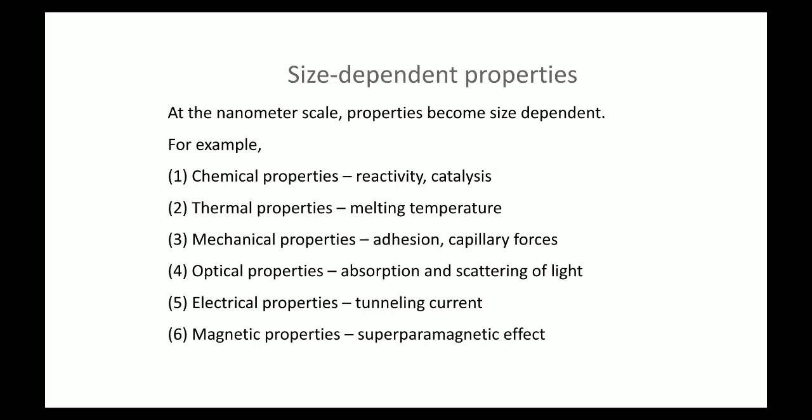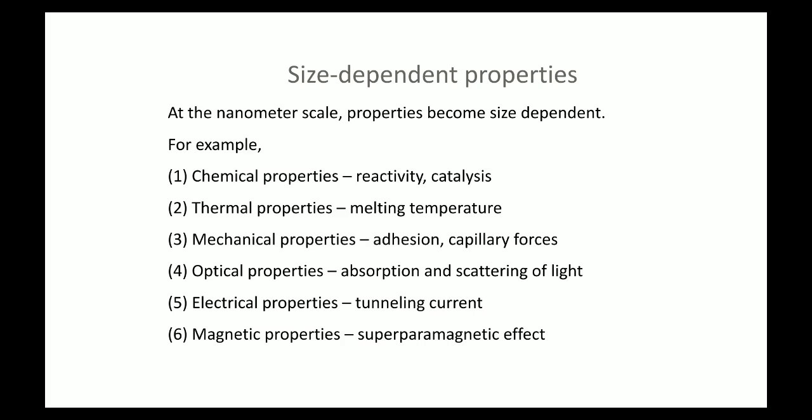The thermal properties, that is the melting temperature, no longer remain the same. So the melting point of bulk gold and the melting point of nano gold will be different. They will not be the same. The mechanical properties, that is the adhesion or capillary forces, also get changed because they are again related to the surface phenomenon of the material. The optical properties, that is the absorption and scattering of light, will get changed.